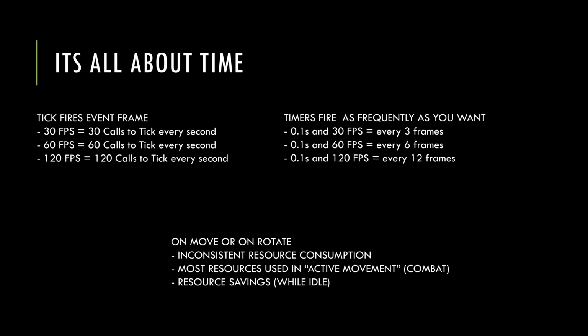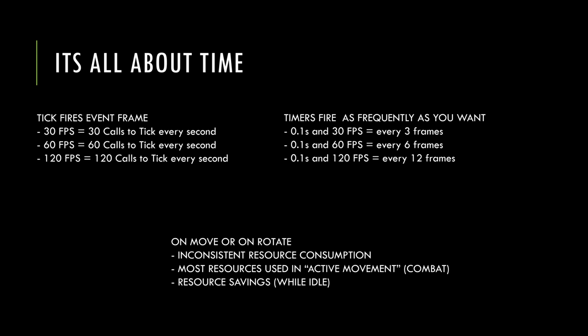Another method is when you move the character or you rotate the character. So you hook into the character movement controls and say, anytime this character moves forward, backwards, left, or right, or anytime I rotate the camera, my view plane, go ahead and process the logic.